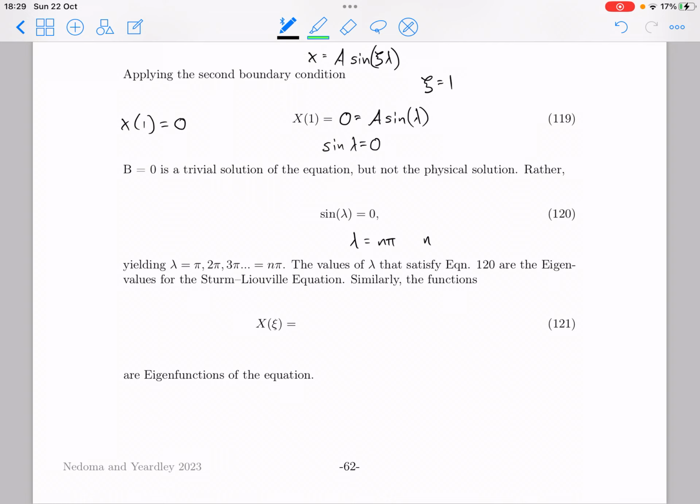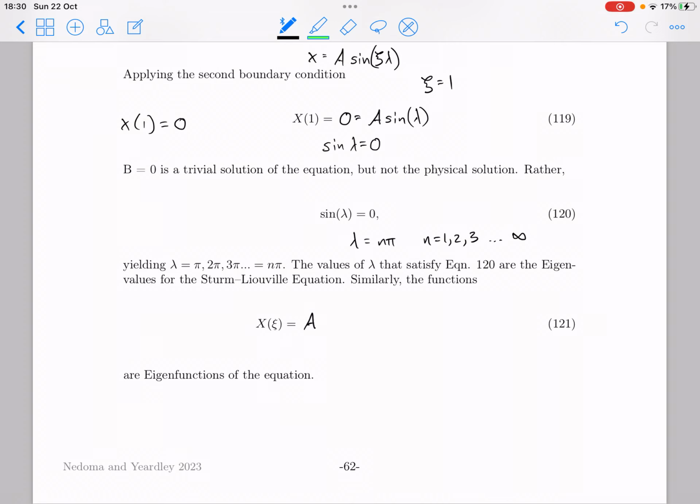And so that's n equal to 1, 2, 3, so on and so forth, all the way to infinity. And once again, because we have an infinite number of eigenvalues, we know that we're going to have a series solution.